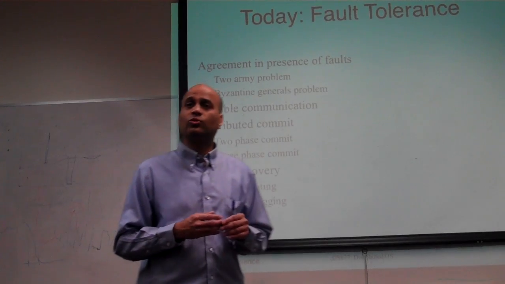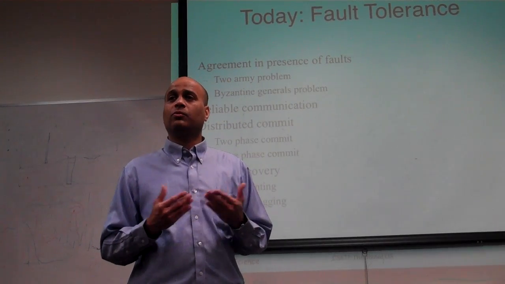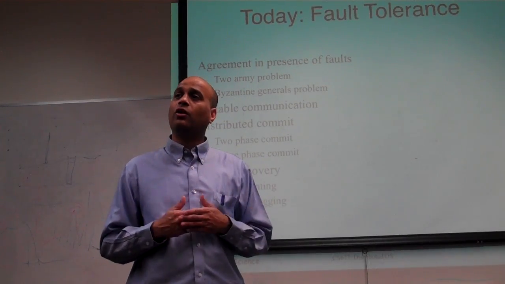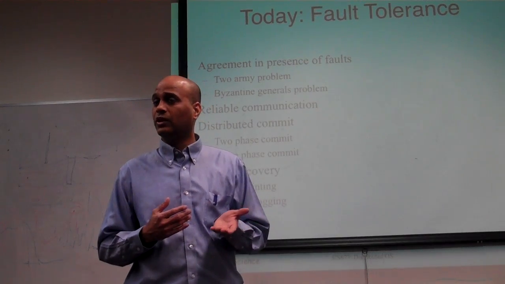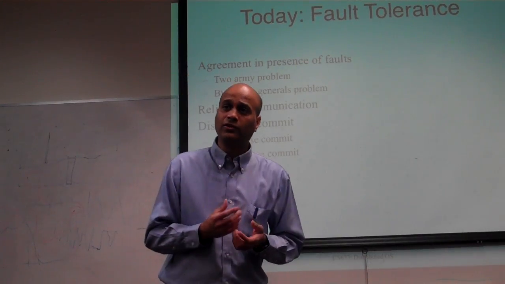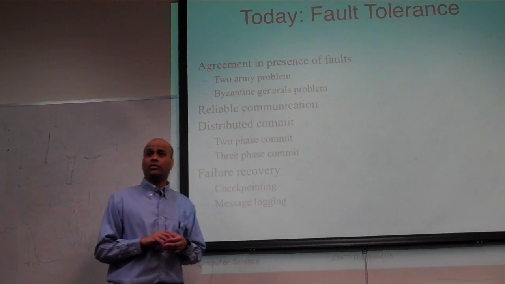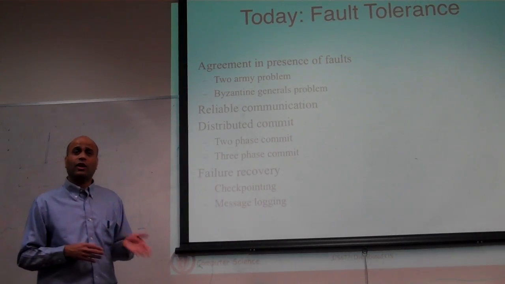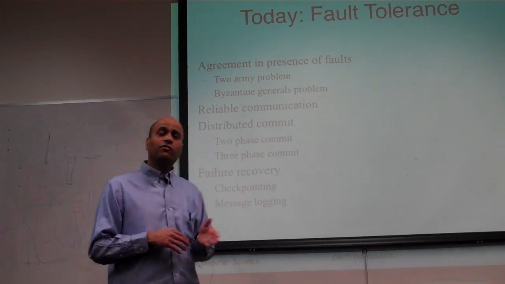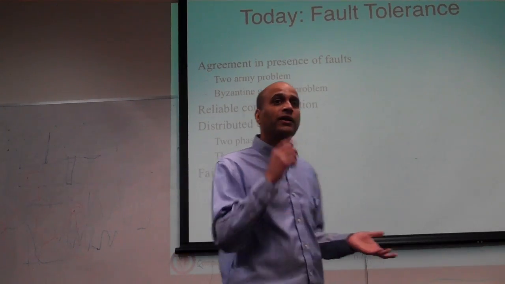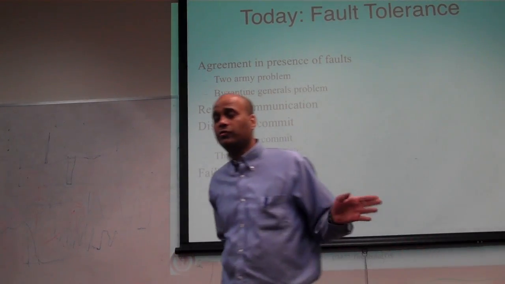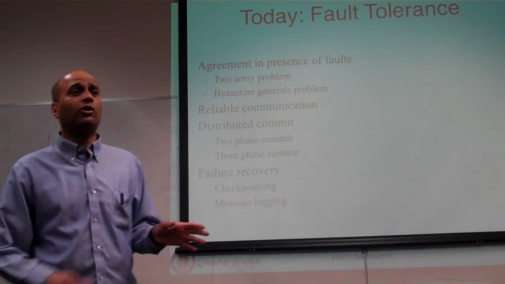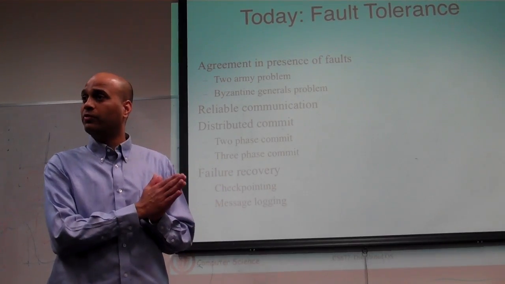So what we will do today is look at some high-level ideas on how you can deal with faults. We will look at different kinds of faults and see how one can go about designing systems that will allow us to deal with these faults. This material follows nicely from the material on replication. In the replication chapter, we mostly talked about the problem of consistency.